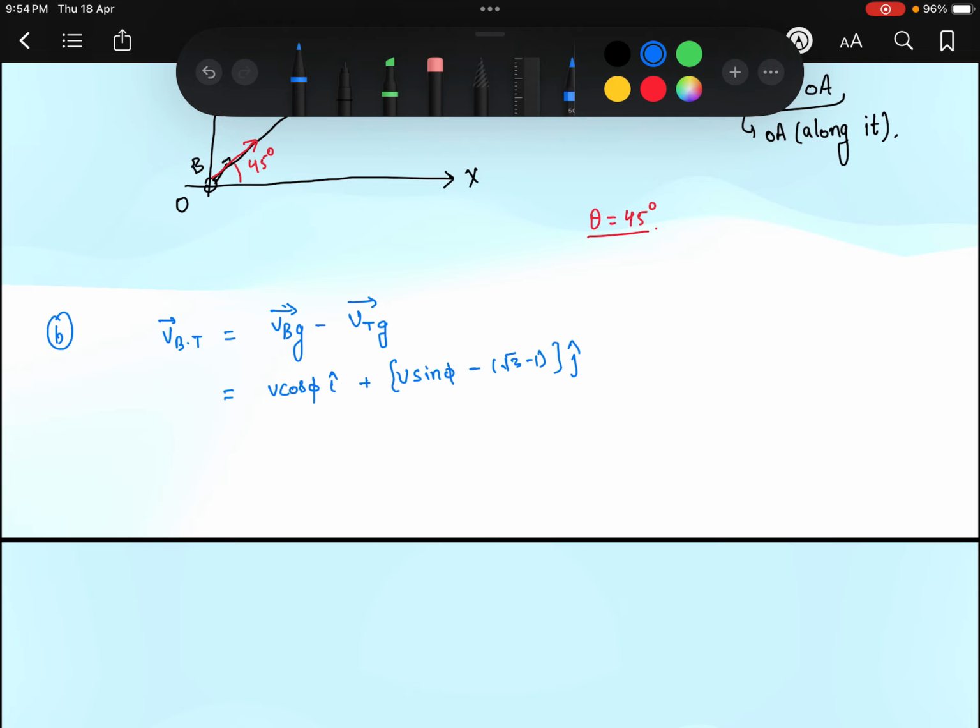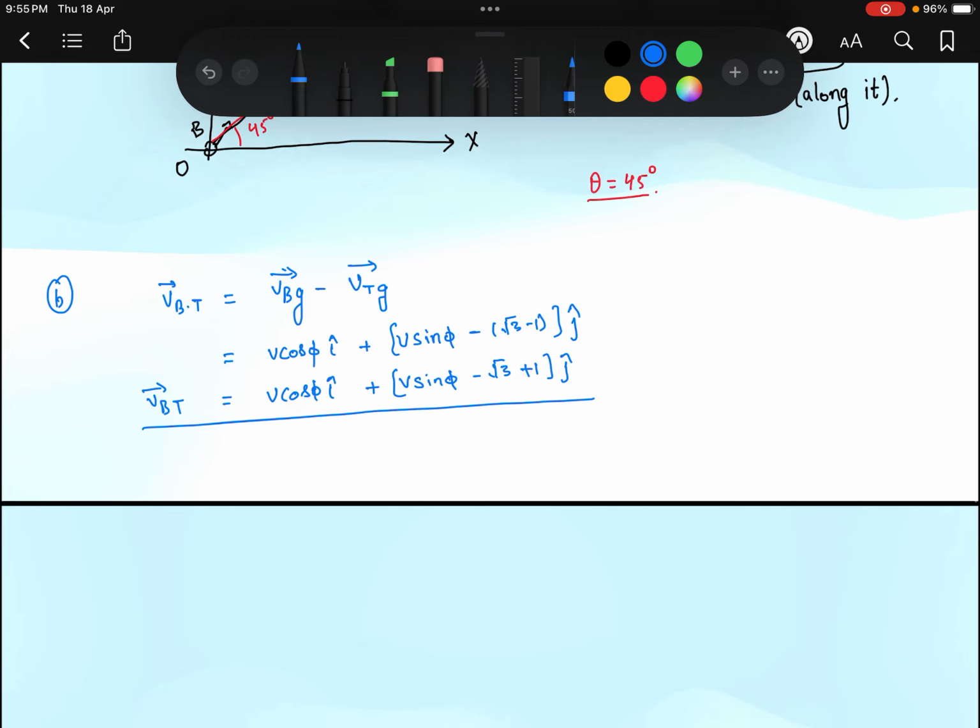Okay, so let us resolve more. v cos phi i cap plus v sin phi minus root 3 plus 1 j cap. So this is the velocity of ball with respect to trolley in the ground frame.